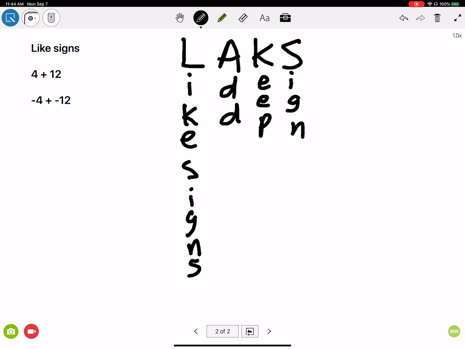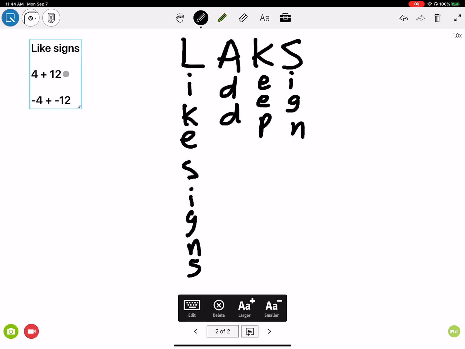Okay, if we're adding two positive numbers, we're going to add them like we always do. 4 plus 12, everyone knows that. That gives me 16, right? So I can automatically just say 4 plus 12 equals 16.